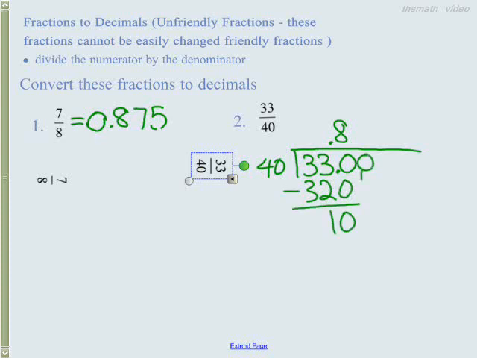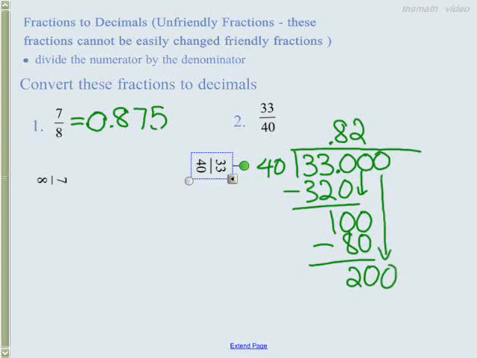I need to add another 0 to bring down. 40 goes into 100 twice. 100 minus 80 is 20. Need to bring down another 0. And 40 goes into 200 5 times. 5 times 40 is 200. No remainder. So 33/40 is equal to 0.825, 825 thousandths.